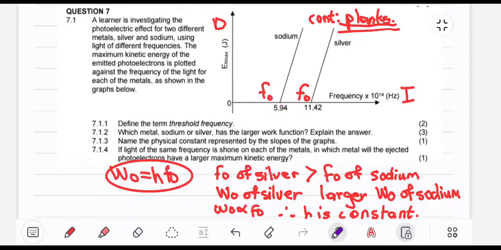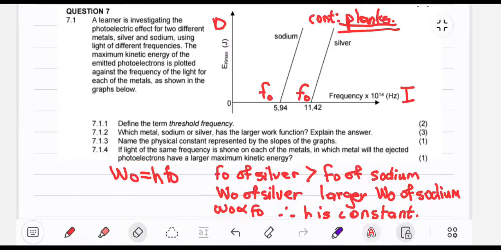What is the reason? The reason is that work function is directly proportional to threshold frequency, provided that h is constant, and we do know that h is a constant. So that would have been that.